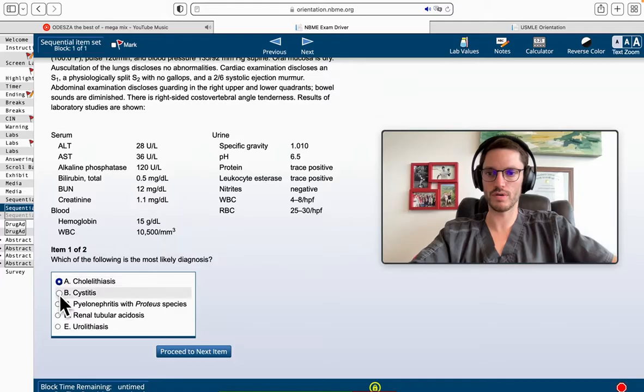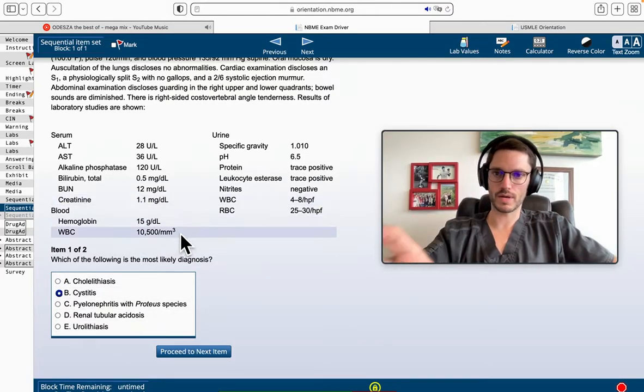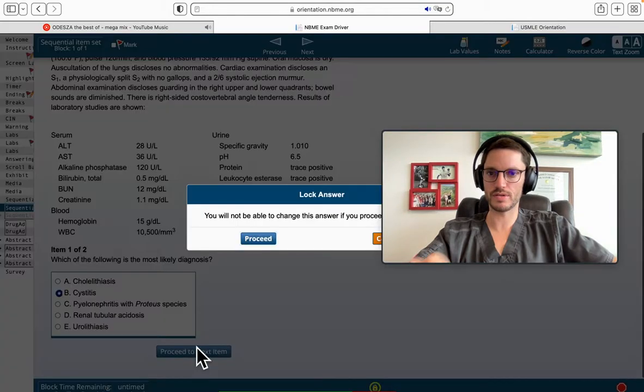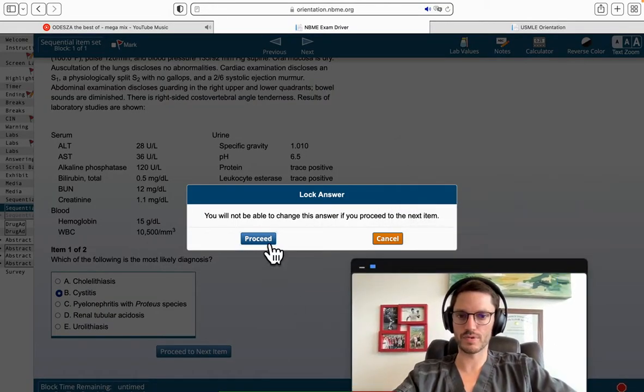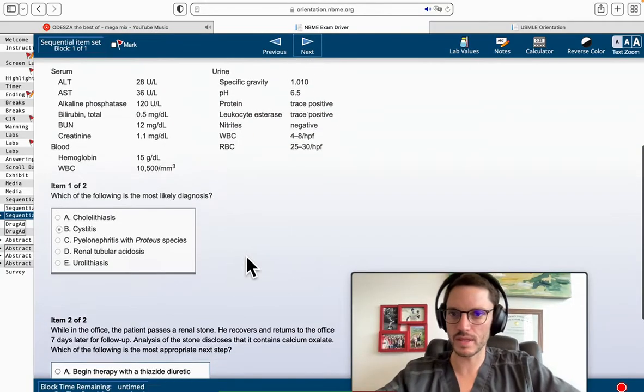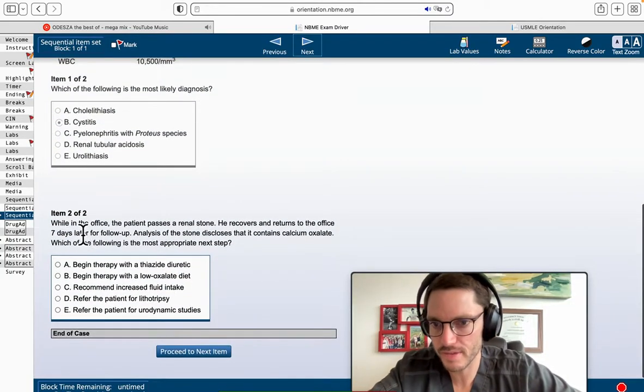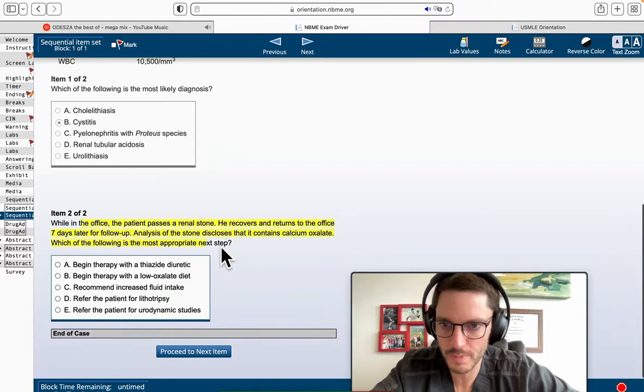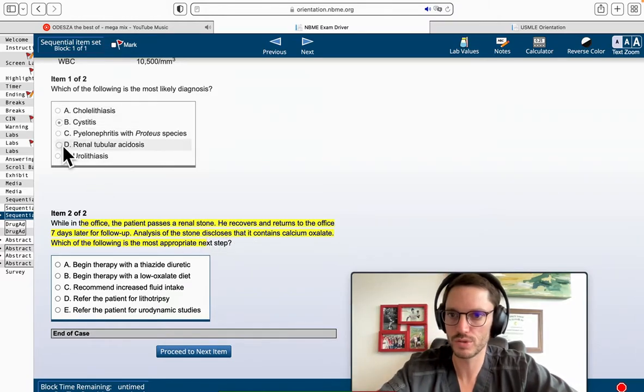So let me show you an example. I'm marking right here, marking B. Okay, I read it and click on proceed to next item. And then I say, but what I'm reading right here makes me actually want to change this answer from B to D.